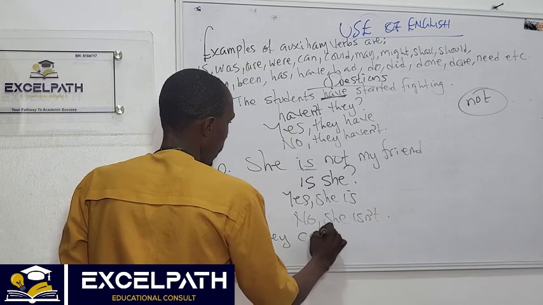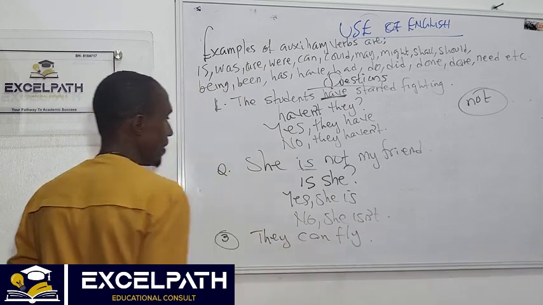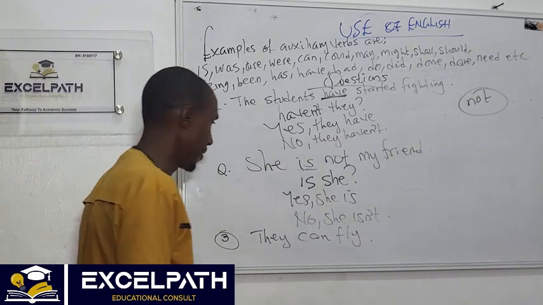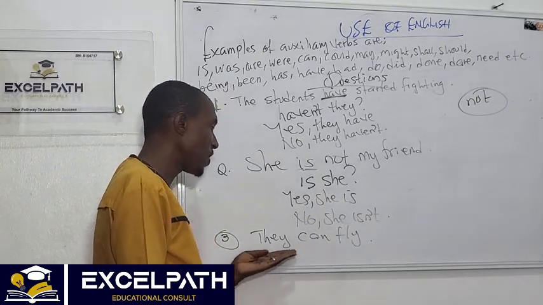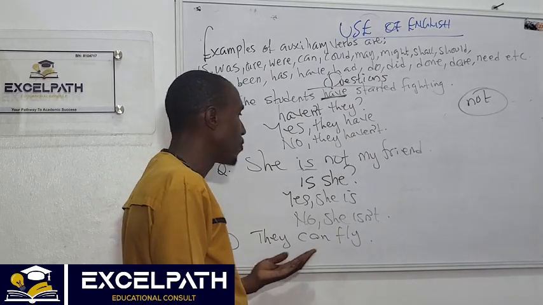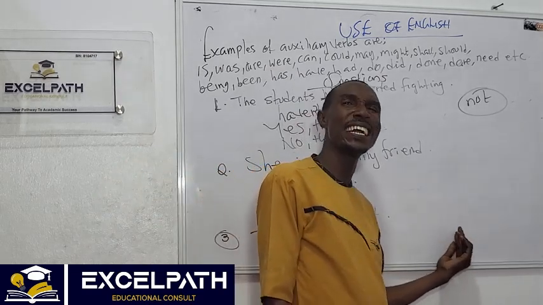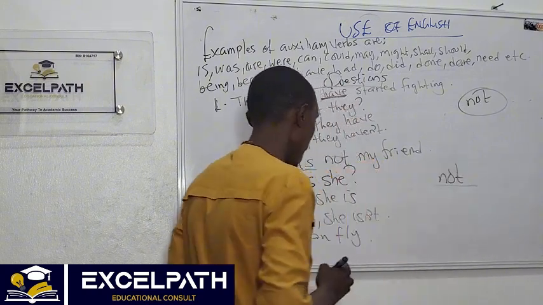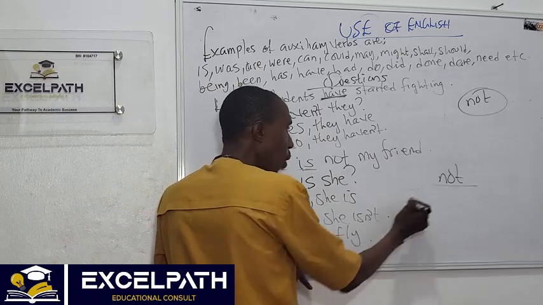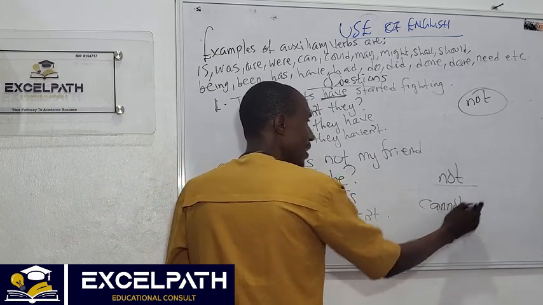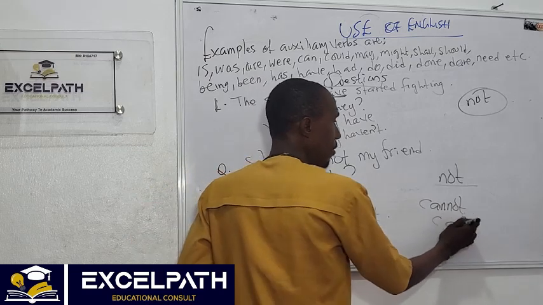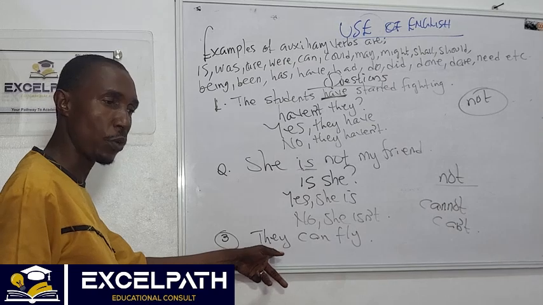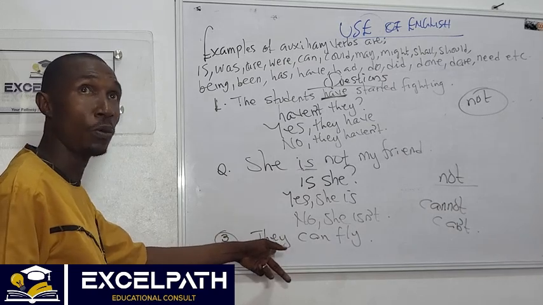Now, take for instance, look at this number 3 again. They can fly. This is a positive statement, and your answer must carry what? Negative word, which is what? Not. And the not will be joined to your word can. It becomes what? Cannot. And the short form of cannot is what? Can't. So you join your pronoun to it, or your noun to it.